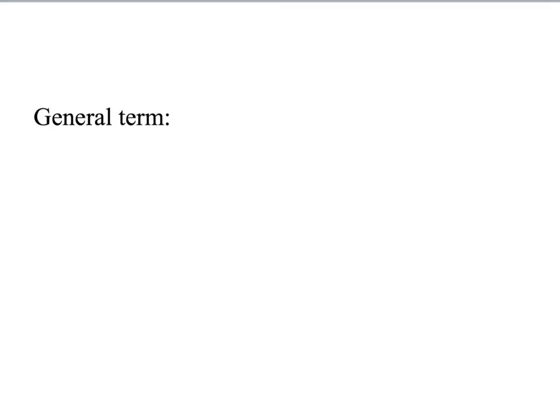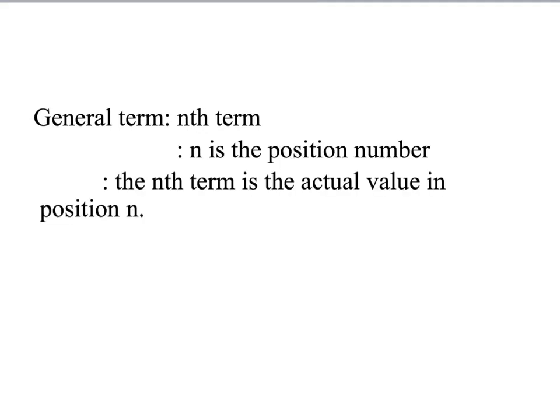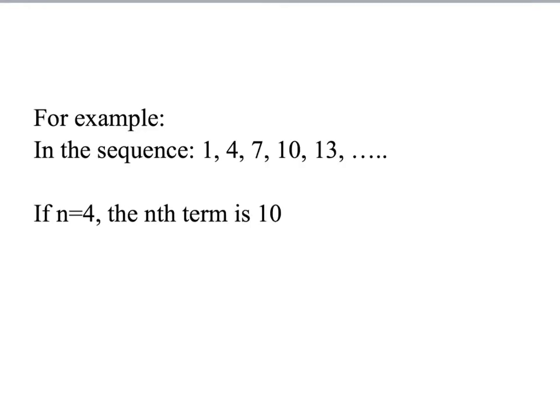So the general term is also called the nth term. n is a position number. So you guys have done this. n usually talks about how many. So when we're talking about sequences, we're talking about what position it is in. The nth term is the actual value in position n, though.